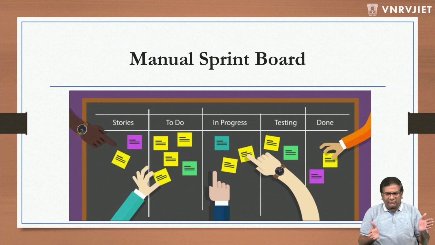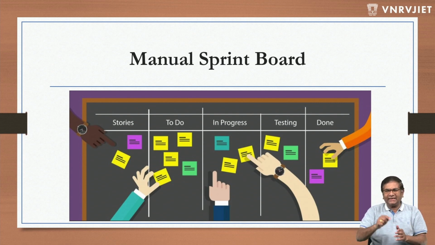There could be multiple stories. As multiple developers are there in the team, they would pick up one of the stories. Let's say a developer takes a story and puts it in to do. That means he is planning to do it. Once he starts working on it, he will move that slip to in progress. Once it is done, it has to be tested. It will be given to a testing member, who will put it in the testing column.